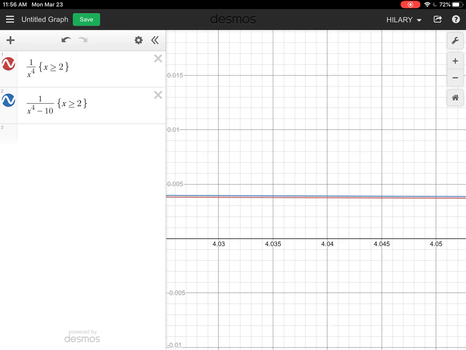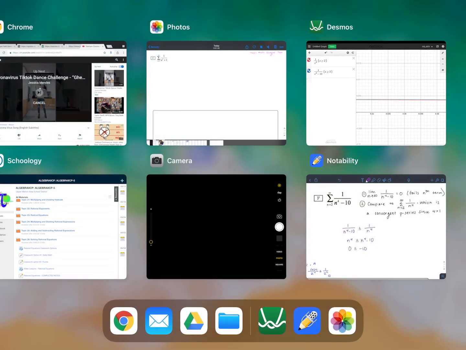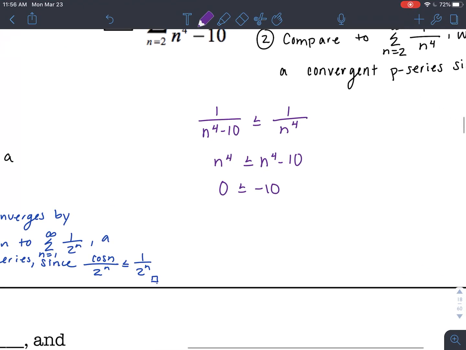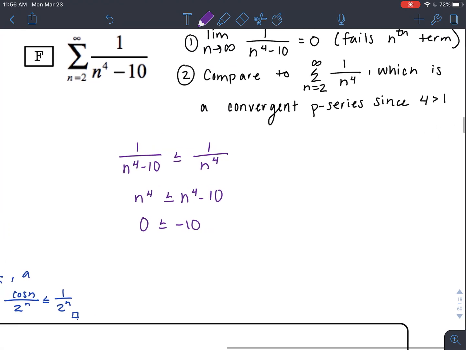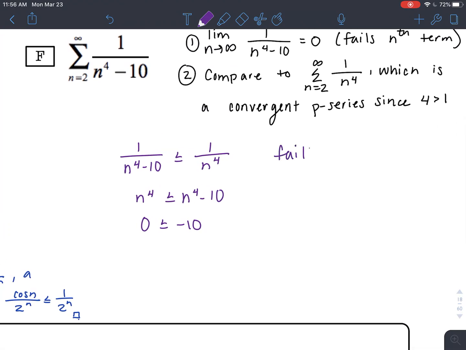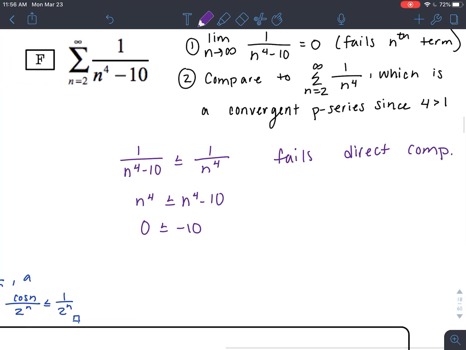Our blue line, which is the series that we want to know about, it looks like that sequence we want to know about actually is always bigger than the one that we know about. So we can't actually show what we want. Right, so this actually fails direct comparison.